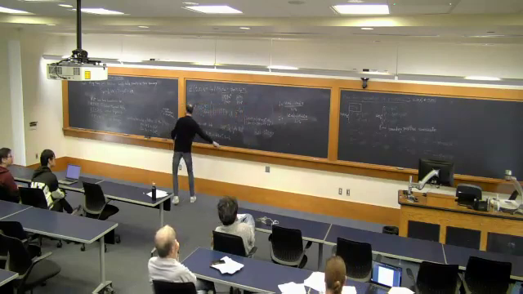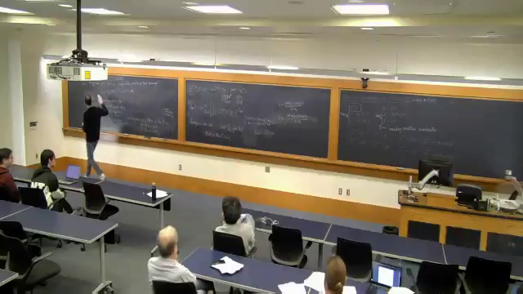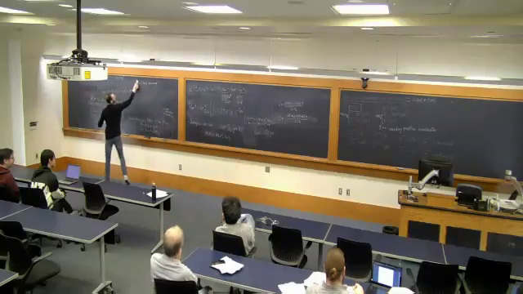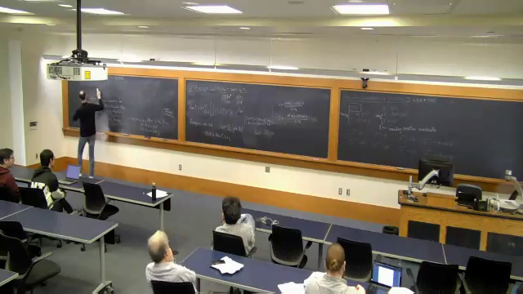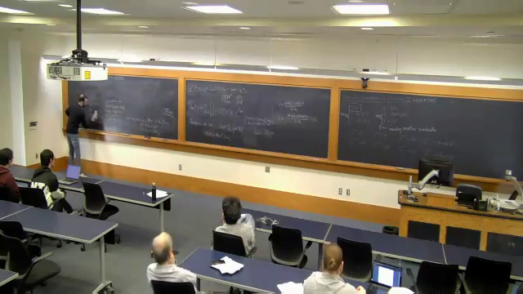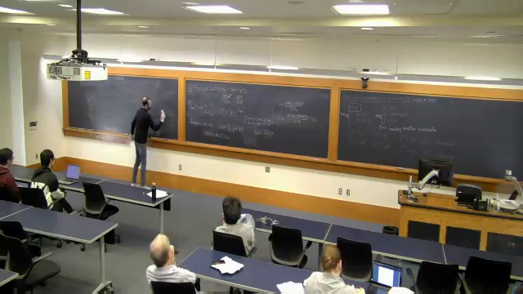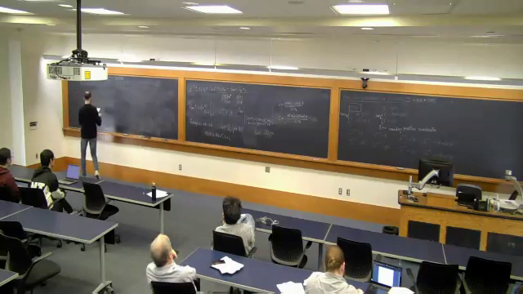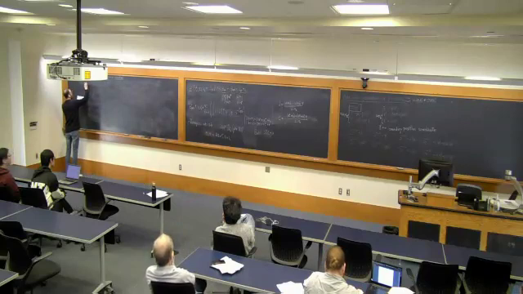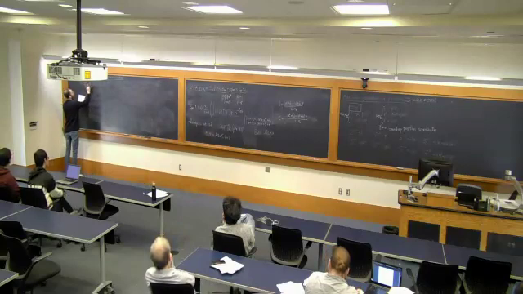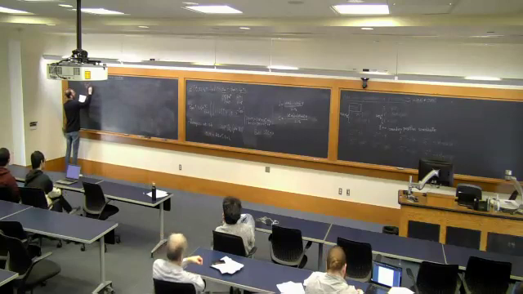So what we are left with is the sum over A, B, C, D.